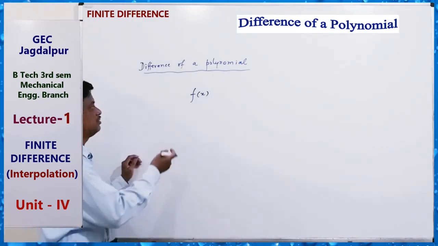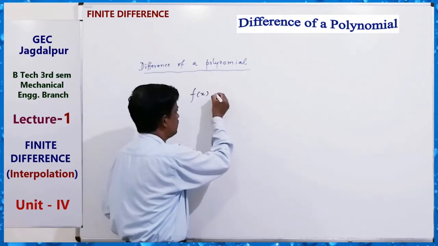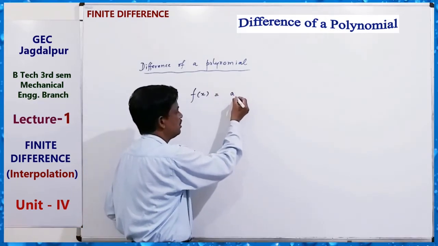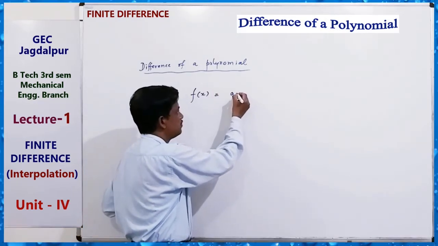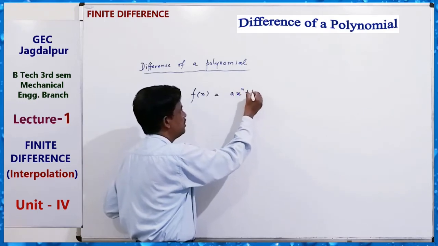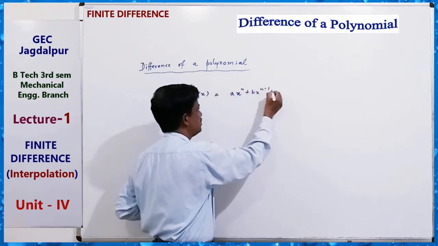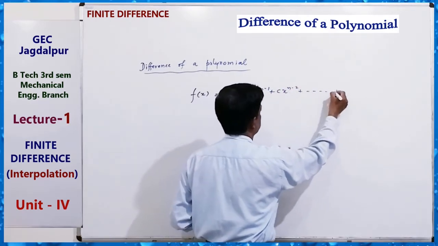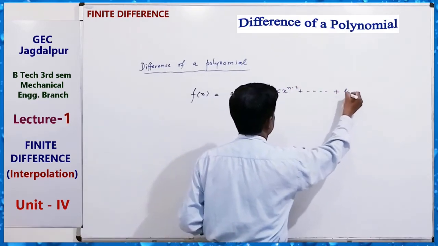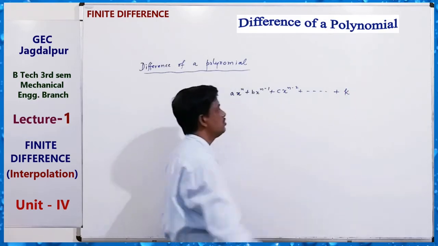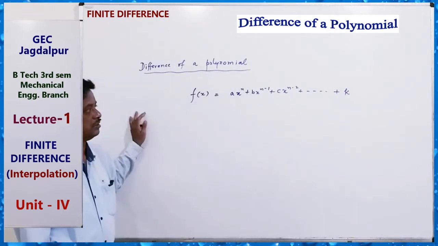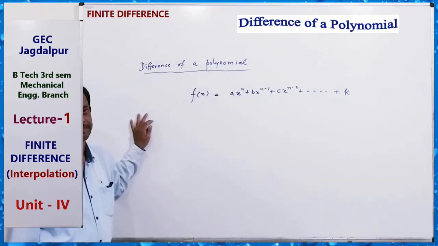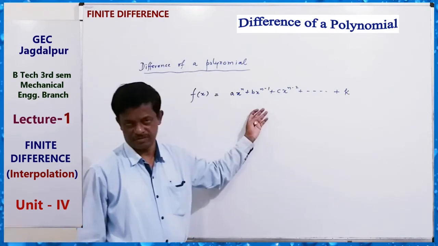So suppose we have an nth degree polynomial. So we can write a x to the power n, b x to the power n minus 1, c x to the power n minus 2, and so on up to k x to the power 0. Clear? An nth degree polynomial we can write like this.